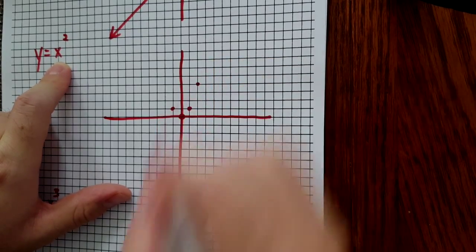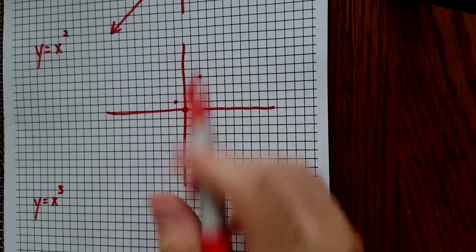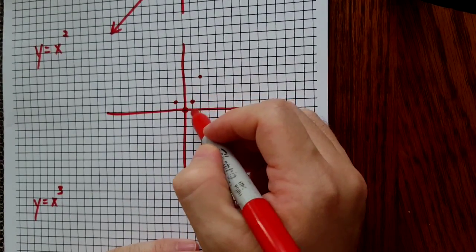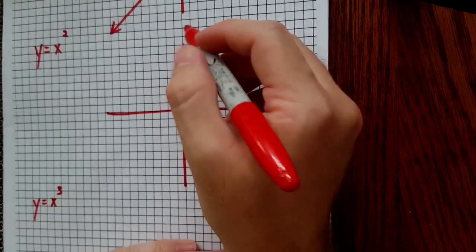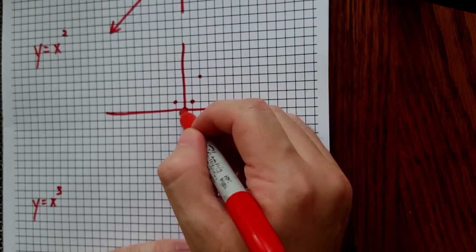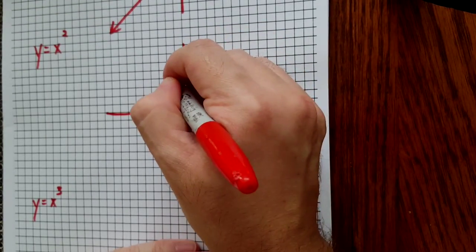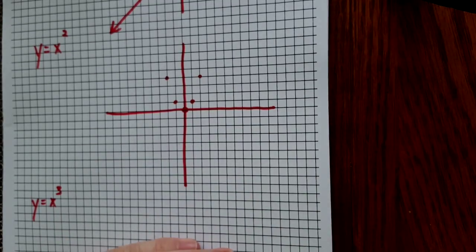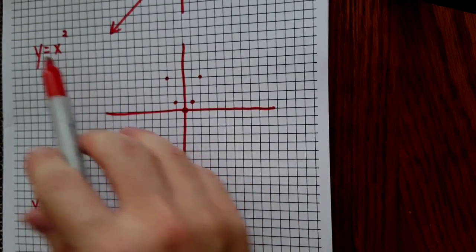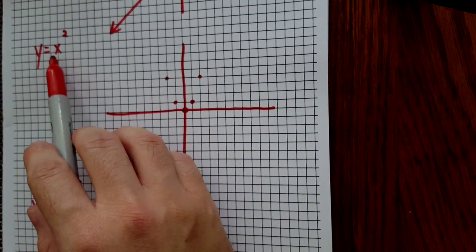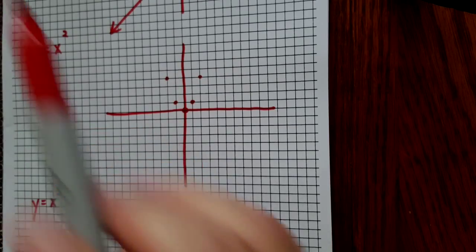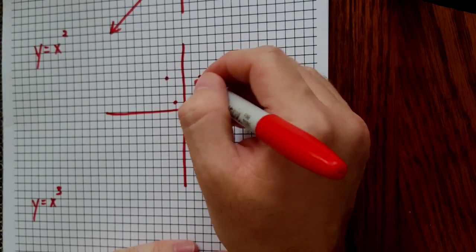And this is a graph that's going to be symmetrical. Any value that I find over here, and this is symmetrical about the y-axis because I'm centered at the origin, I can just go ahead and translate to another point here. Okay, so when x is 3, that makes y equal to 9. That's going to be way up here.